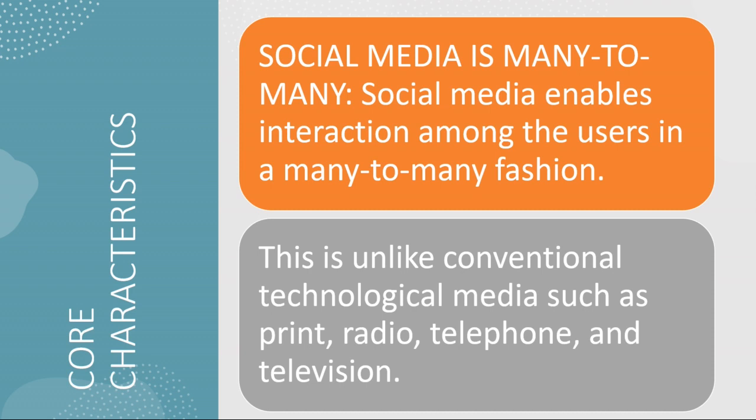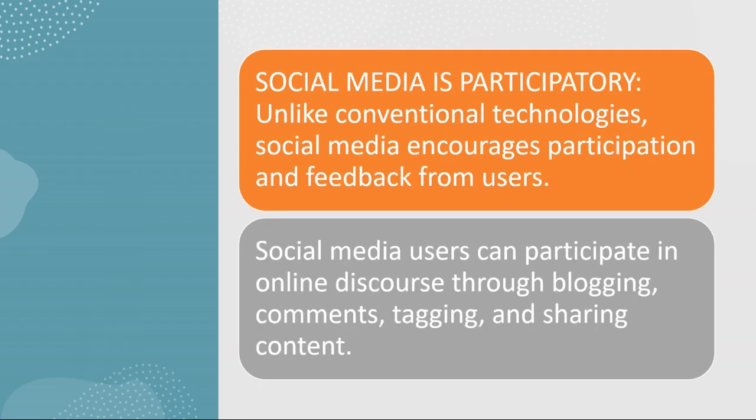Broadcasting means from the radio station we are getting the music, songs, talk, podcast, everything on our radio, but we are not able to send any message through the radio. Same is telephone or television or any other print media. It's a one-way communication, but two-way communication is possible on social media.